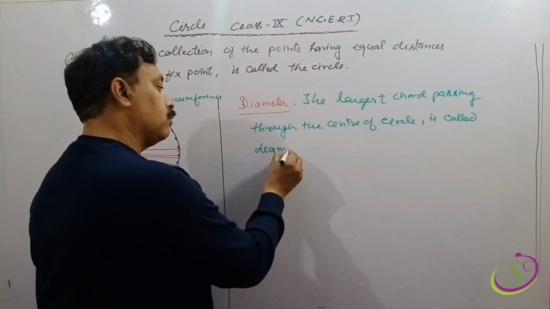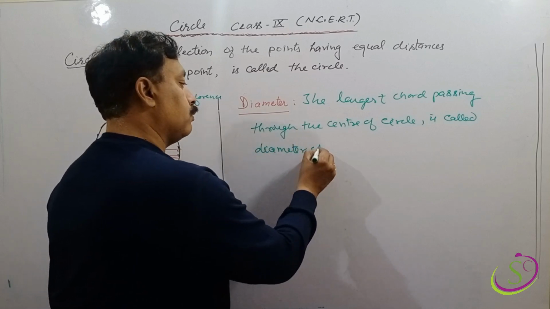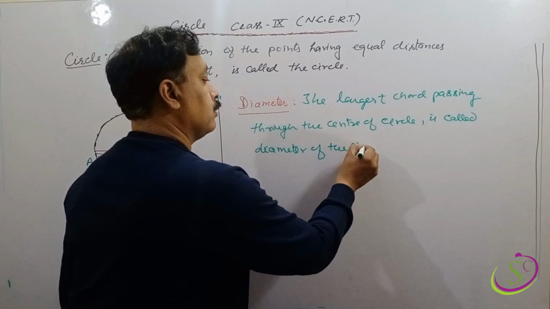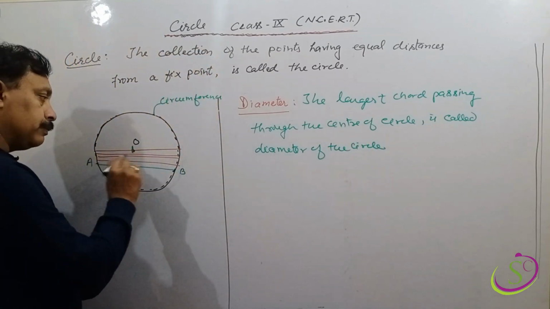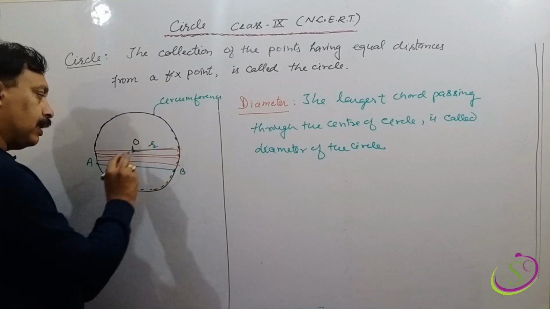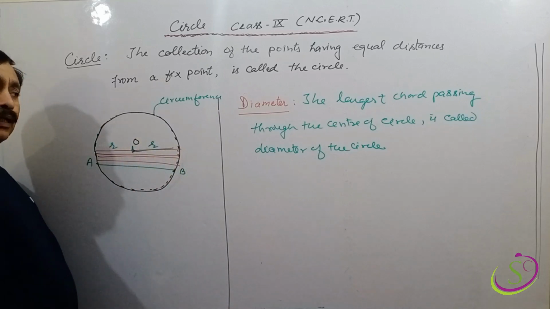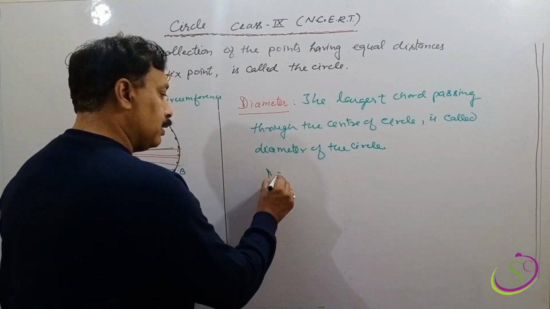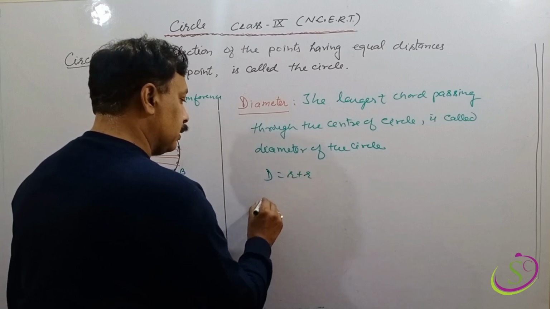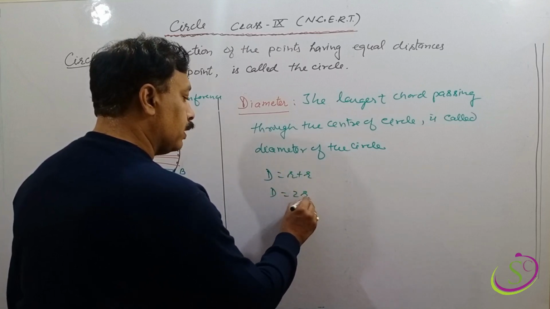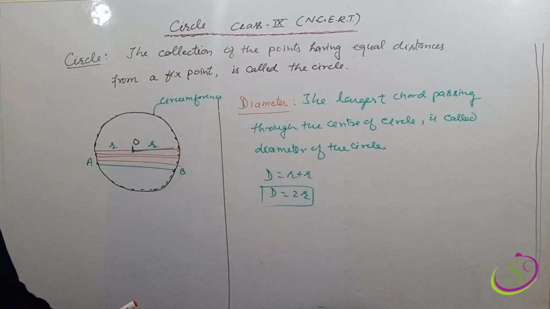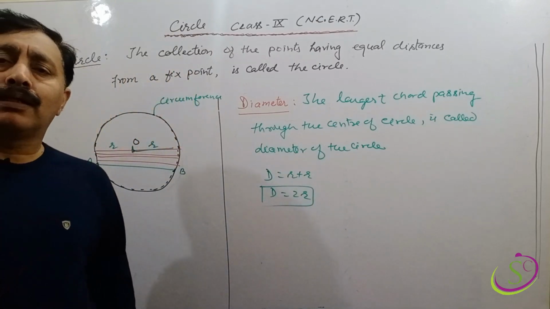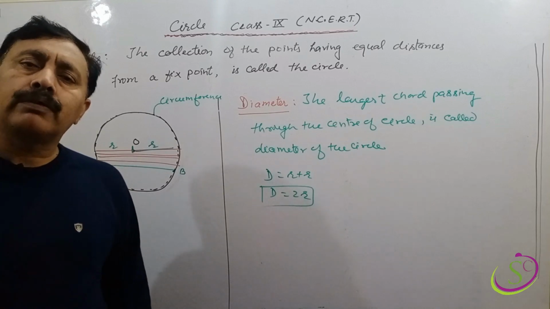Diameter of the circle. Clear? And see, from this point, this is radius r and this is radius r. So diameter will equal to r plus r, means diameter equal to twice of r. Is it clear? Means diameter of the circle is double that of the radius of circle.